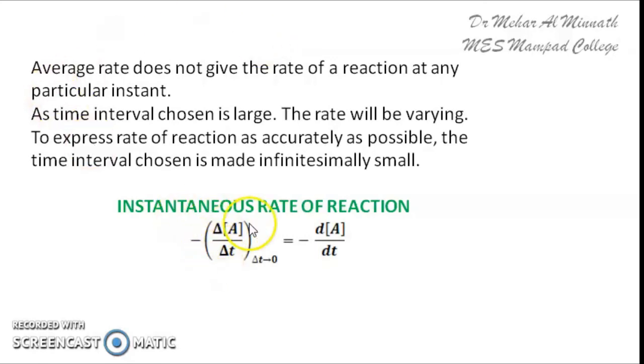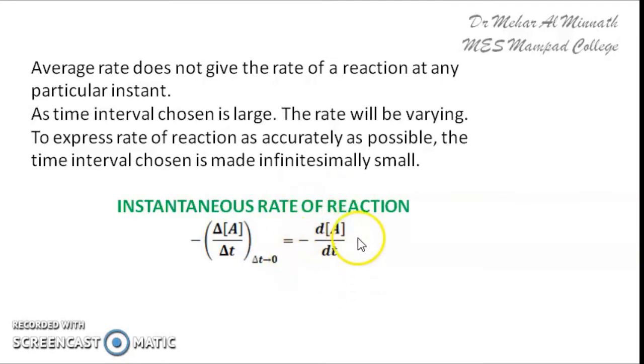So here we'll have to change the terms. Until now we have been discussing the rate change in concentration in terms of delta A by delta t. But now we are limiting it as delta t, the change in time, tends to 0. That's the instantaneous time. Then our term will change to minus dA by dt.